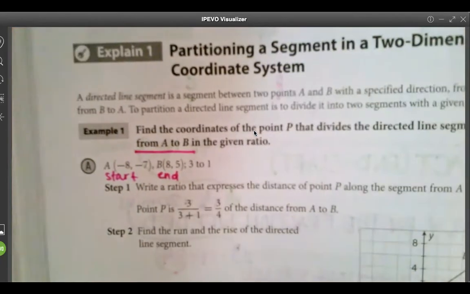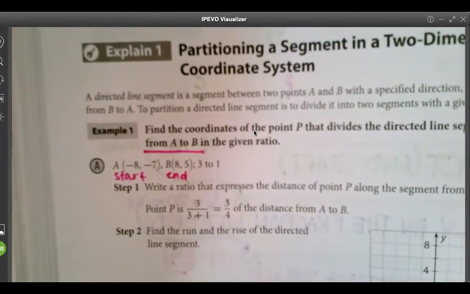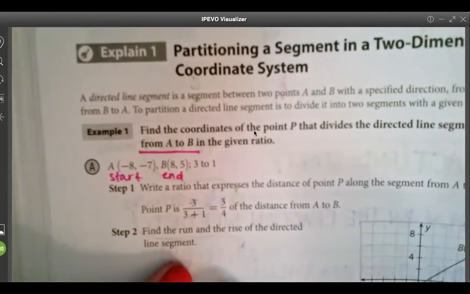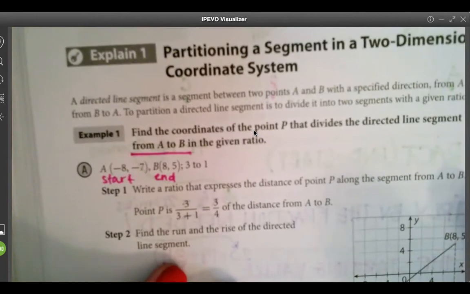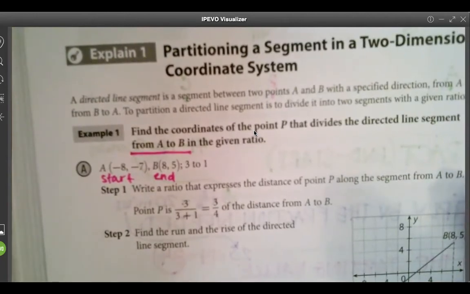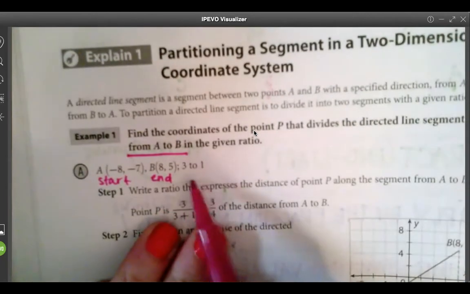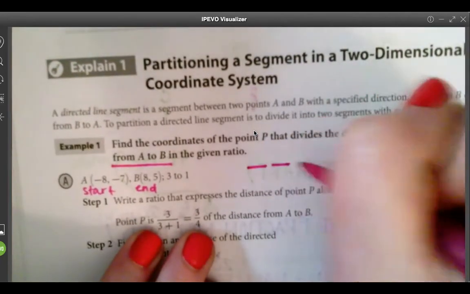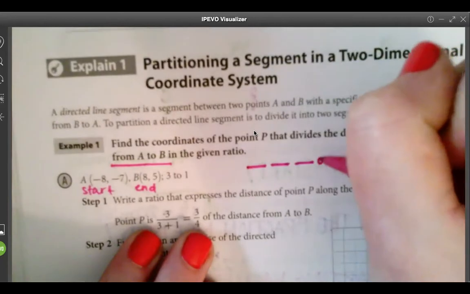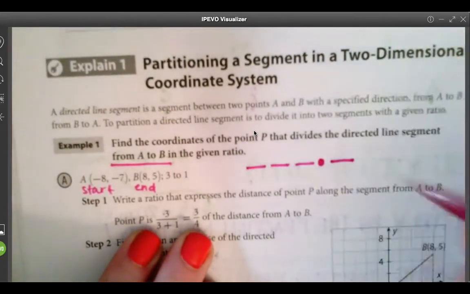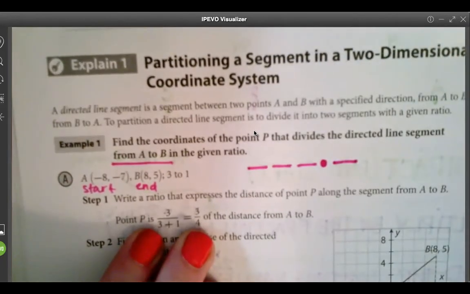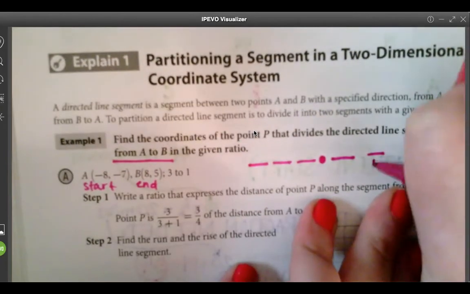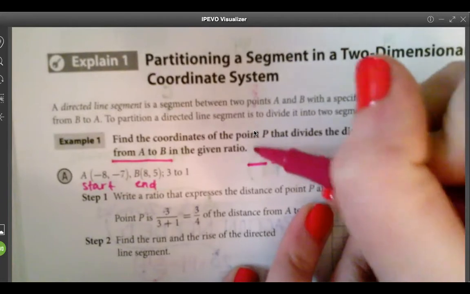And then you also notice we don't have a fraction here. We have a ratio. Ratios and fractions are very similar, but they're not always 100% interchangeable. So what this 3-to-1 ratio means is I'm going to have 3 even segments before the point and 1 segment after the point. So how many segments do I have in all? 4. And I need to keep 3 of them.